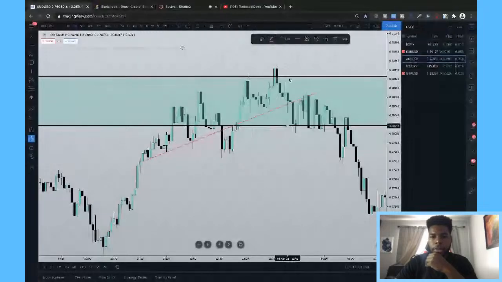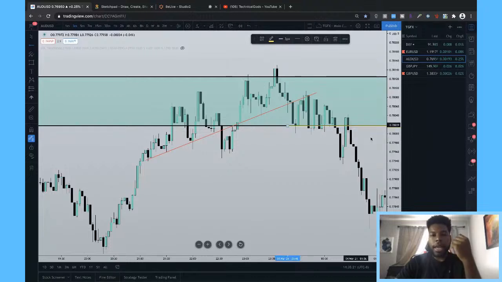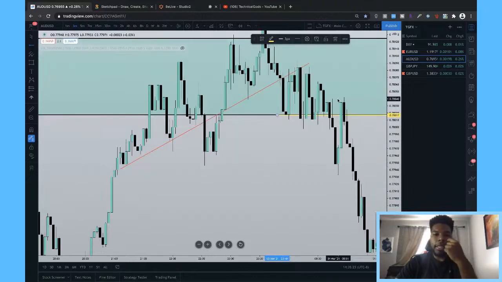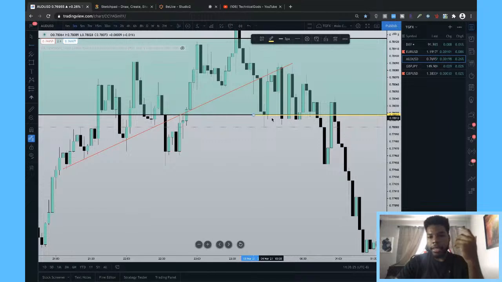If we zoom in here, you can see that price closed lower than the support level. Even though it retraced, you have to pay attention to that because a lower low, lower close is telling you that this level is no longer strong enough to hold price. It may reject from it, it may retest higher, but it's no longer strong enough to maintain price.